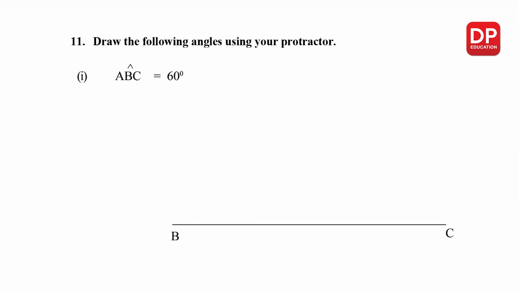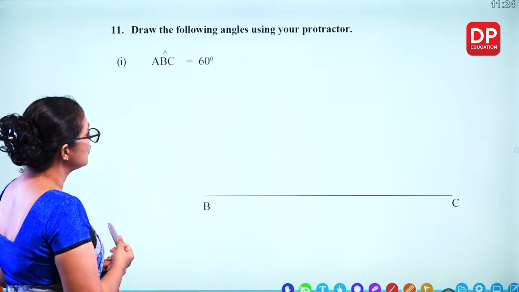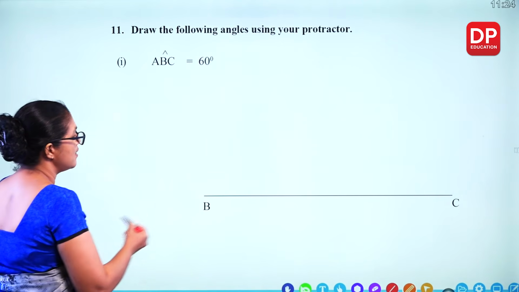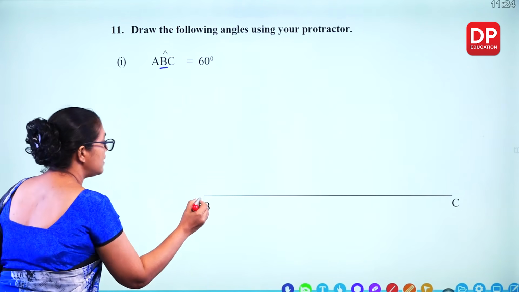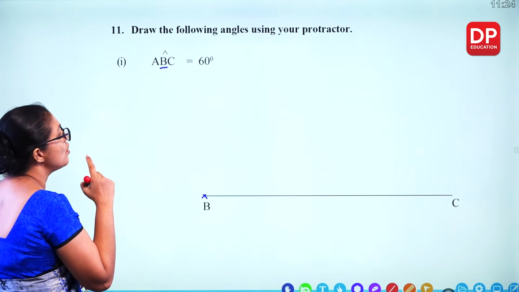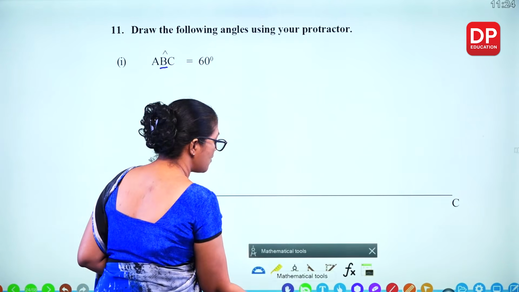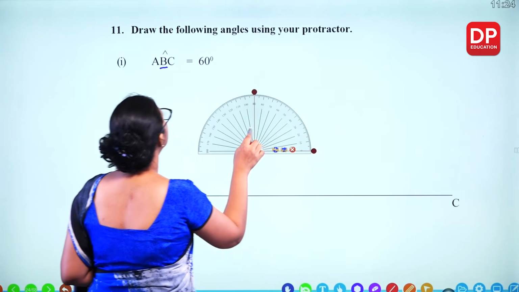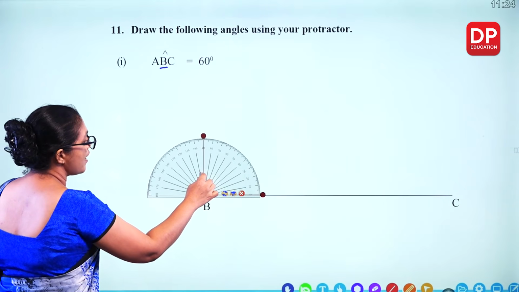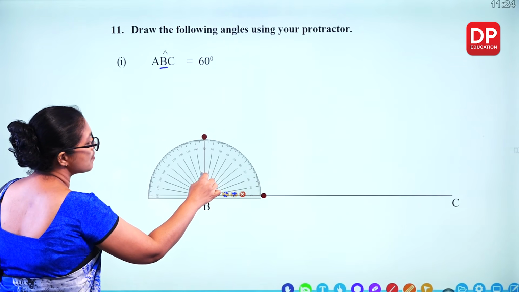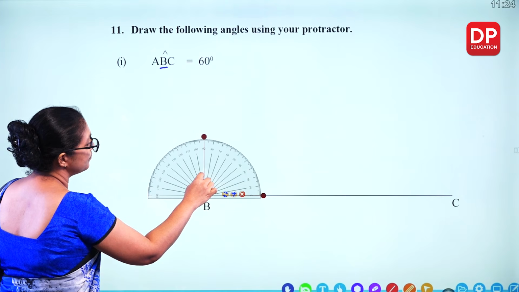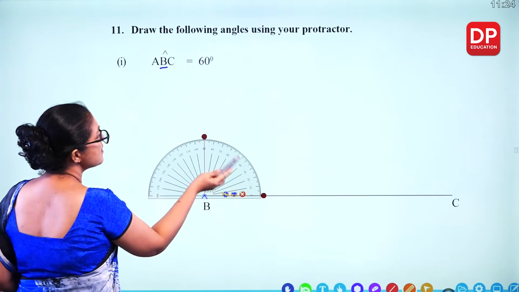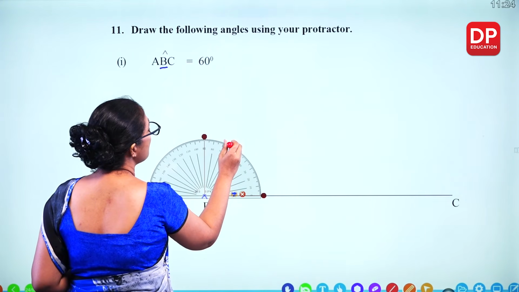Draw the following angles using your protractor. So A, B, C. So that means B is the angle. So to this point you have to create a 60-degree angle. Take the protractor, keep it on top of this point and measure 60 degrees and mark the point.